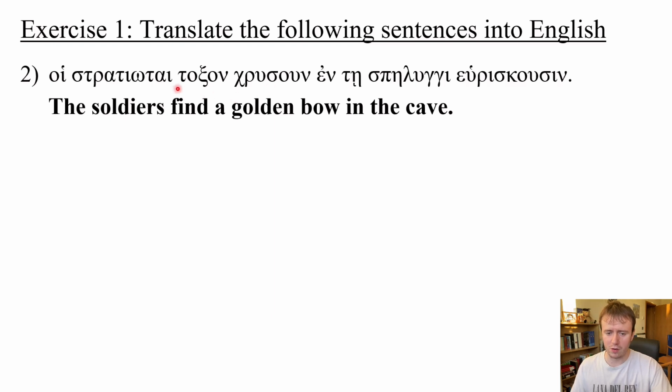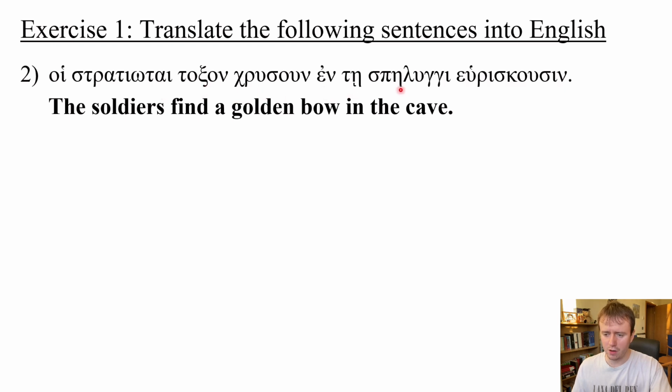There's no definite article, so we would say a bow. And the adjective that's agreeing with it is chrysoun, meaning golden. And out of context, this could either be nominative or accusative singular. But since we already have a nominative, this is going to be accusative.